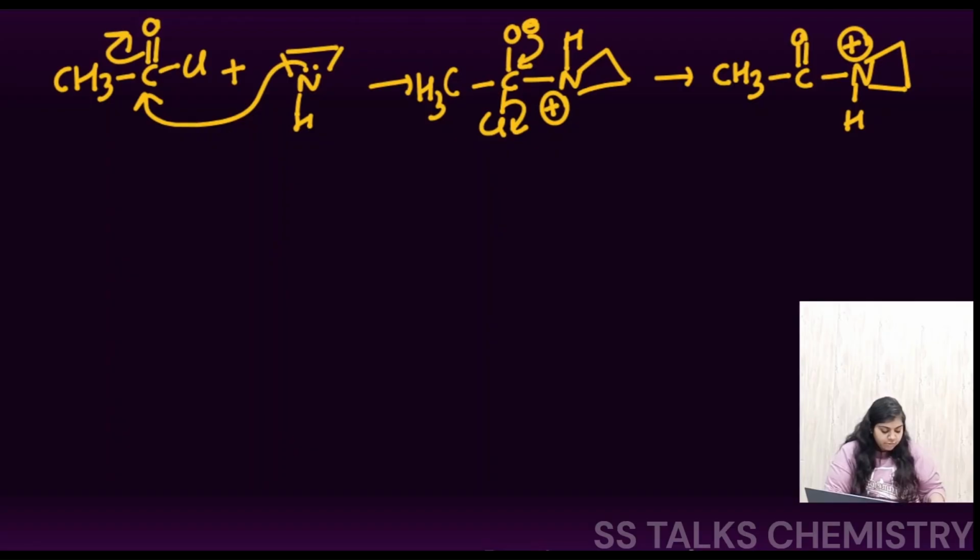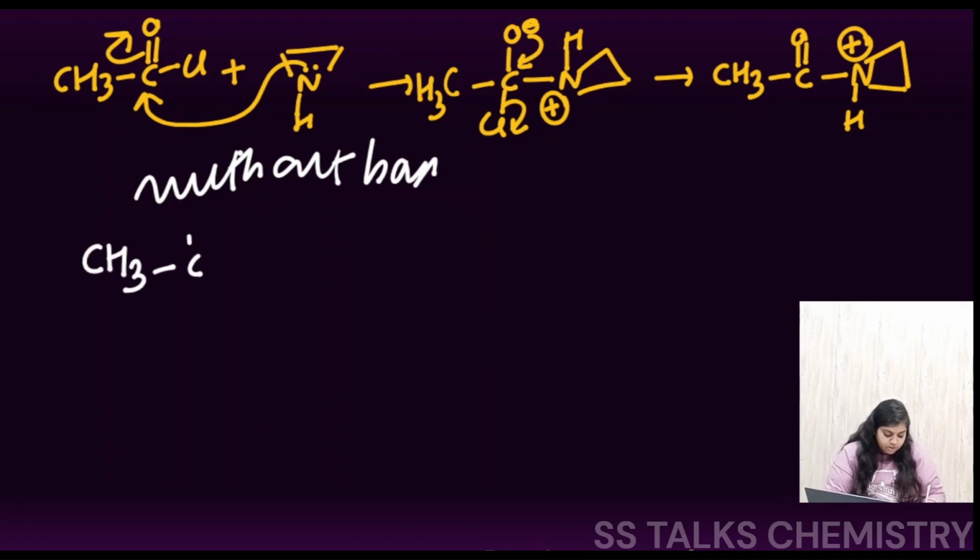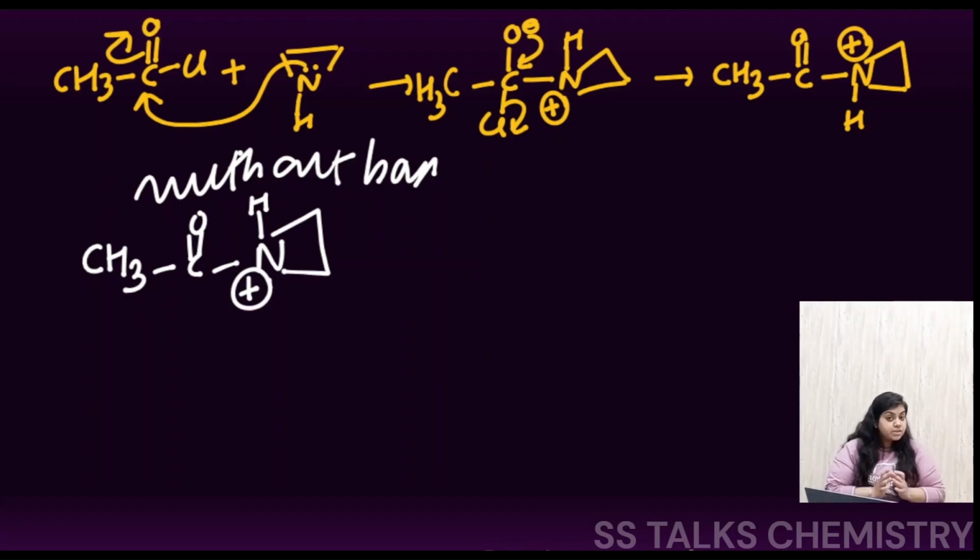Now if I talk about the case without base, this species we have got, with C double bond O and the nitrogen, contains a three-membered ring, which is going to be a strained ring. Along with that, we have the nitrogen with the positive charge, an electronegative atom with a positive charge, which is not stable at all.